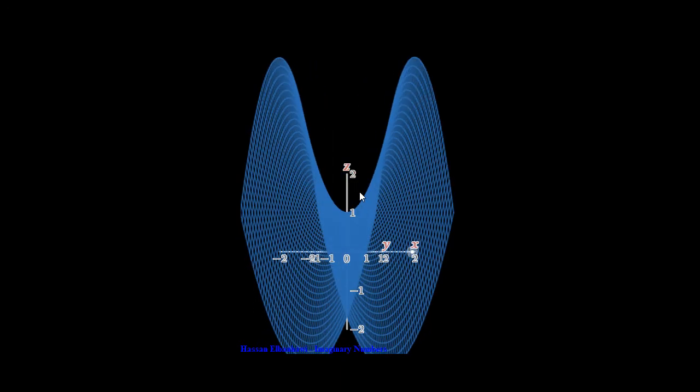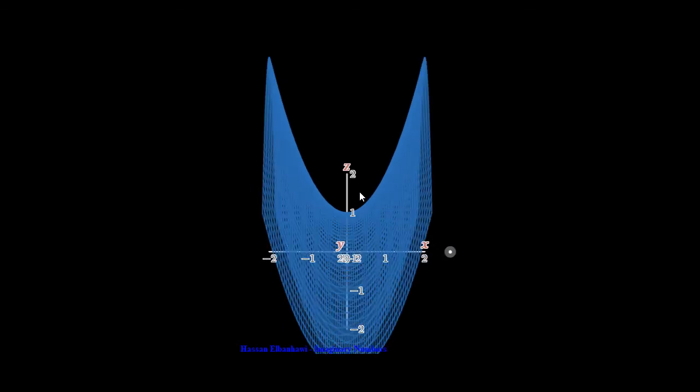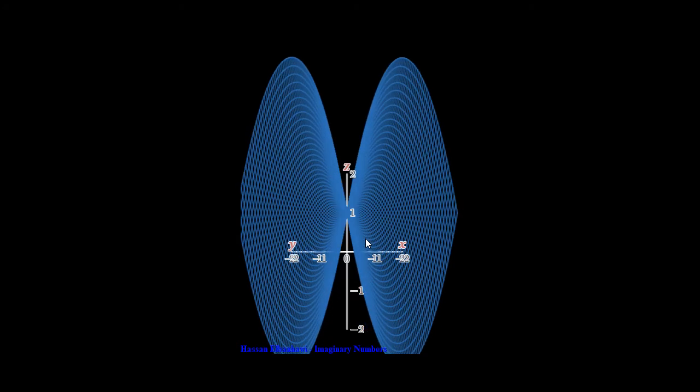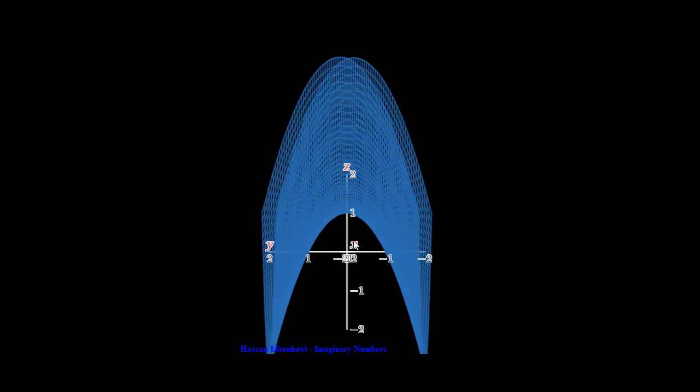But as our world is only 3D, we can't have four dimensions on this graph, only three dimensions. So this graph here is representing the real part of the output on the z-axis.